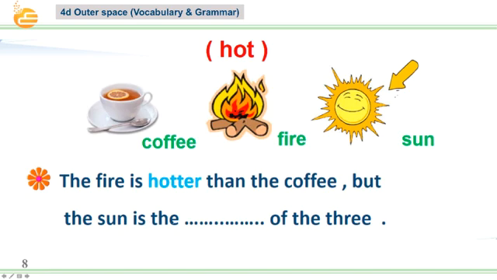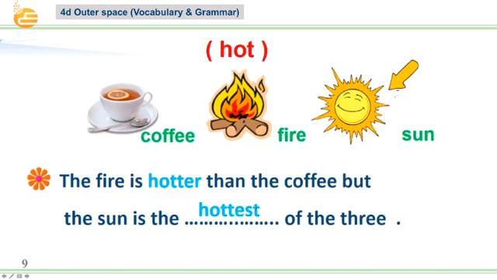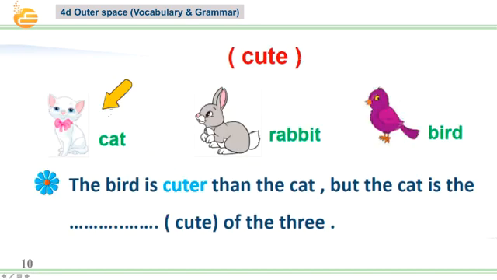But the sun is the blank of the 3. We use the superlative, and hot is a short adjective, 1 syllable. So, hottest. Hottest of the 3.